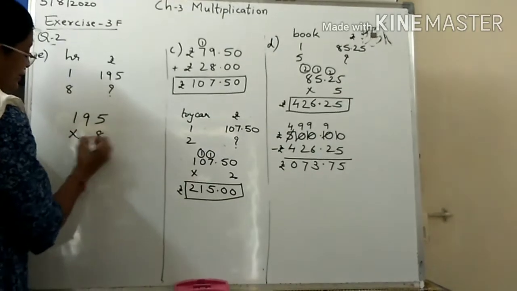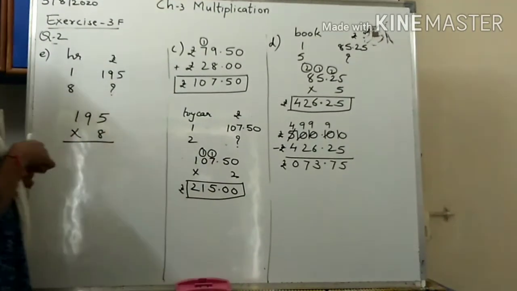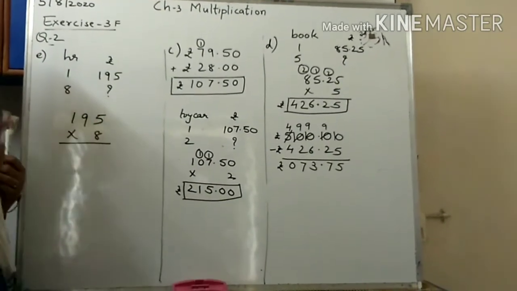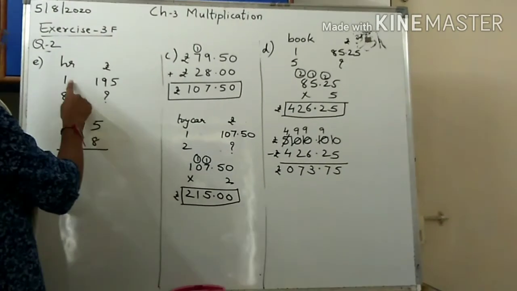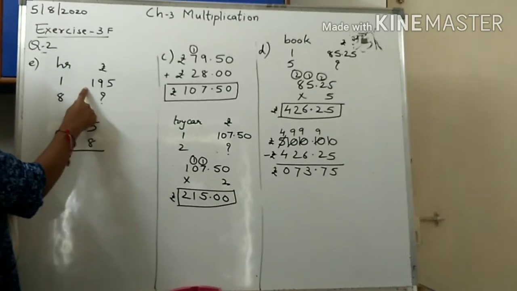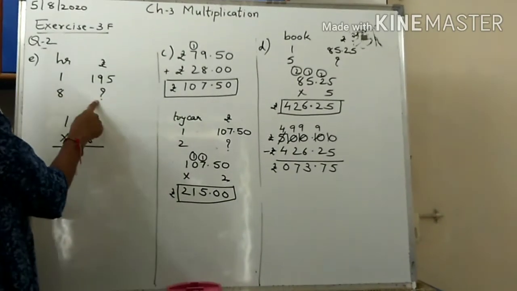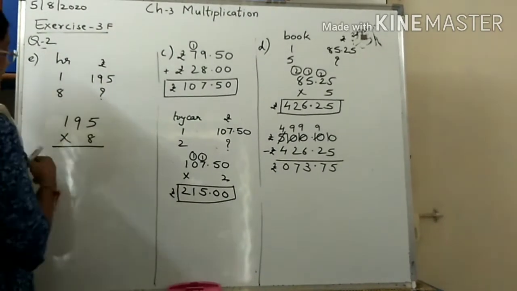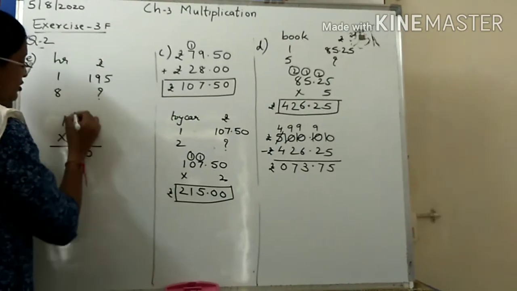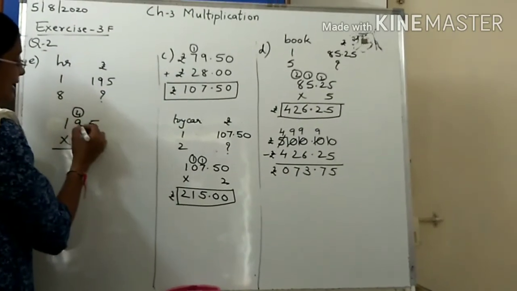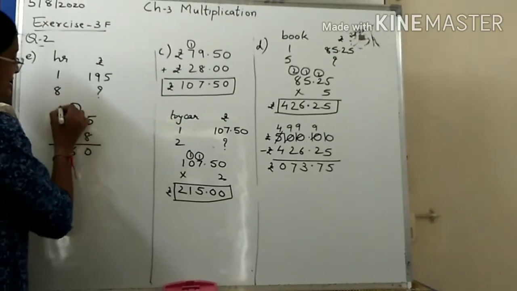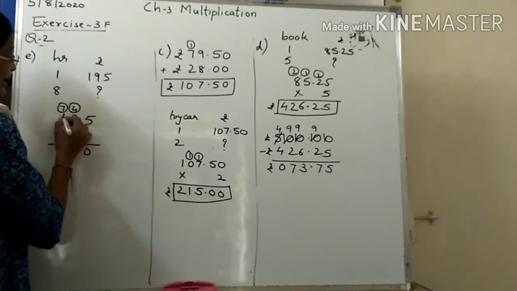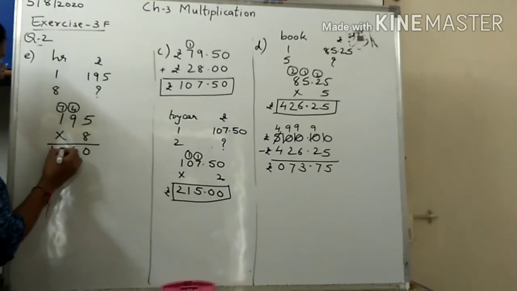195 multiplied by 8. Total 8 hours she is working, from that 1 hour she is getting rupees 195, then total 8 hours she will get how many? Then we have to multiply. 8 5s are 40, 0, 4 carried over, 8 9s are 72 plus 4, 76, 6, 7 carried over, 8 1s are 8 plus 7 will be 15.